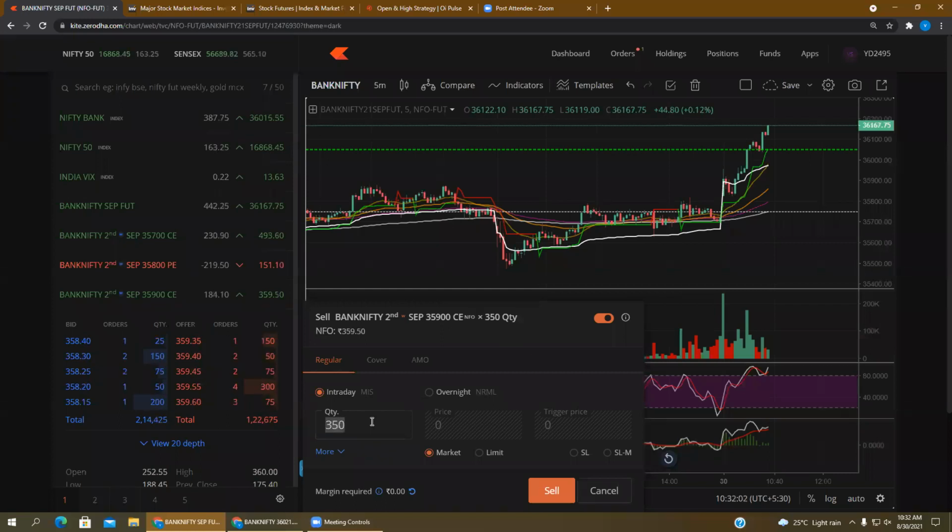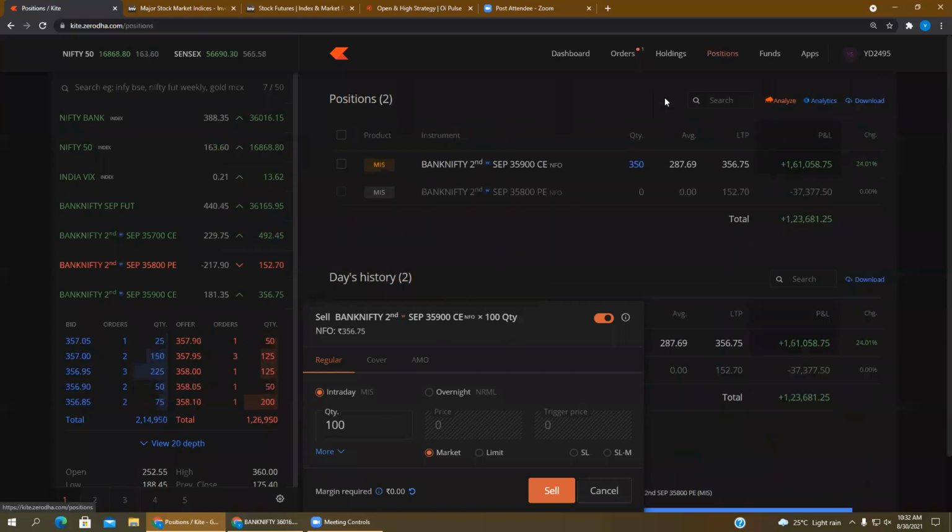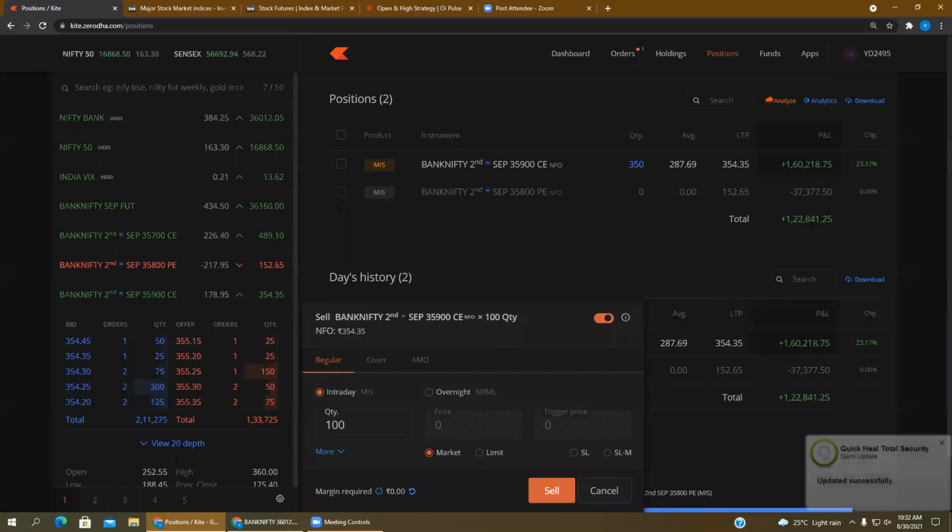I still have 350 quantities. Now we are at 1 lakh 24. Everyone happy with the trading? Yes, everyone. Calm and composed? No panic? Nothing? Good, good.